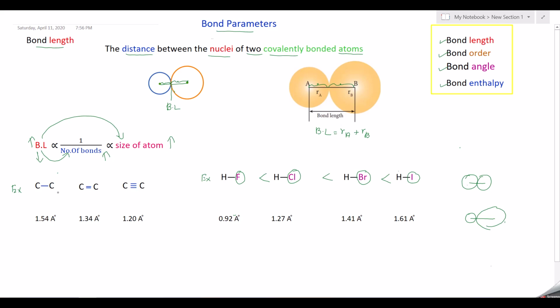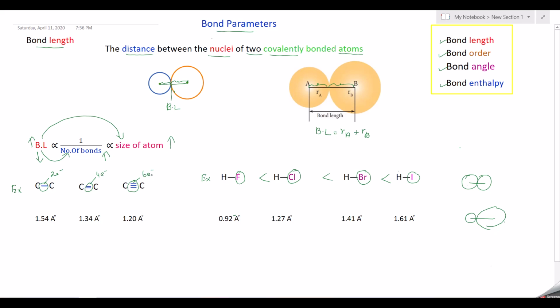In the single bond, only two electrons are shared between these two carbon atoms. Here we have four electrons, so 4 electrons are shared between these two carbon atoms. Here 6 electrons are shared between these two carbon atoms.